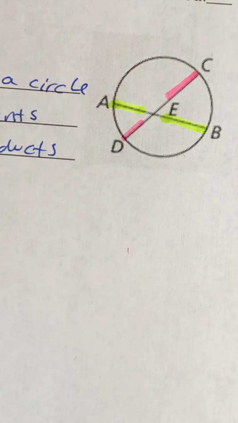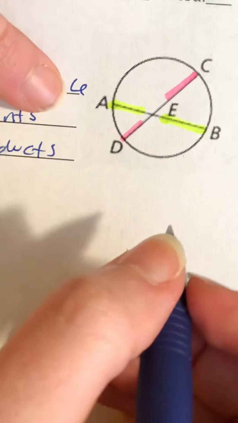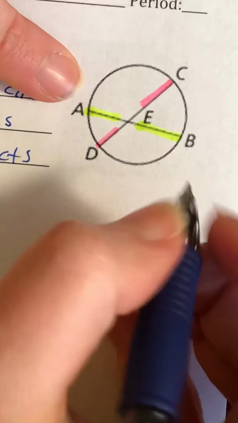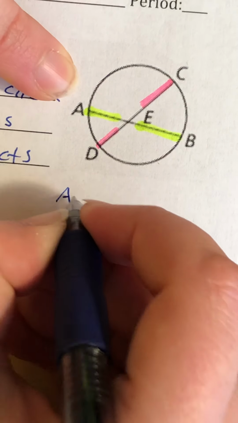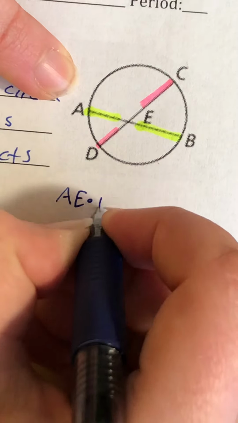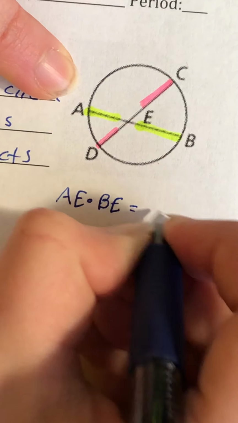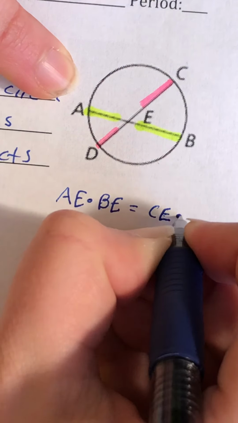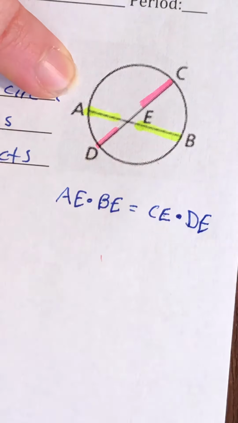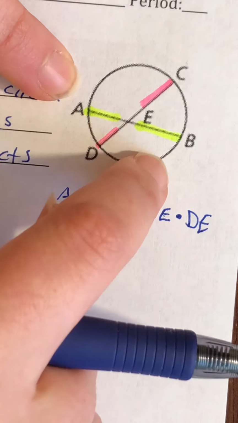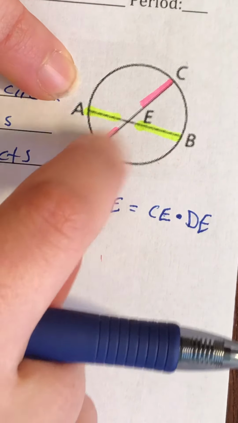So those products are what are going to give us that equality. So AE times BE is going to equal CE times DE. So yellow times yellow equals pink times pink.